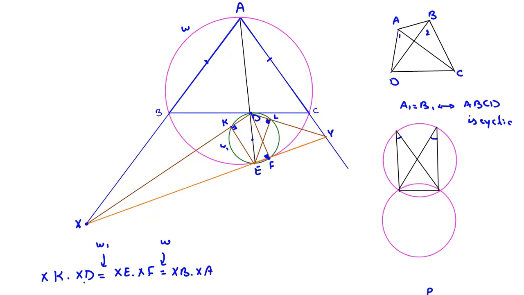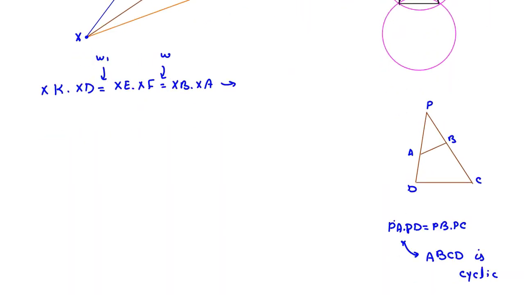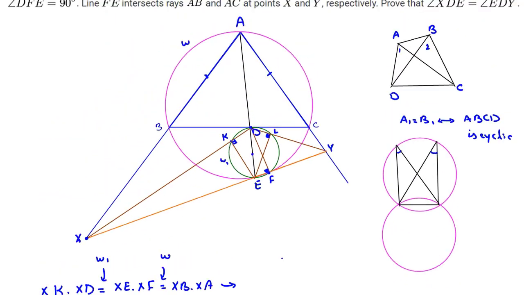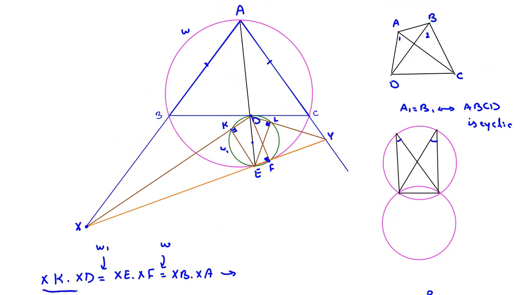And because XK times XD equals XB times XA, we said it is equivalent, meaning if PA times PD equals PB times PC, ABCD is cyclic. So because we see that XK times XD equals XB times XA, what quadrilateral is cyclic? ABKD is cyclic.